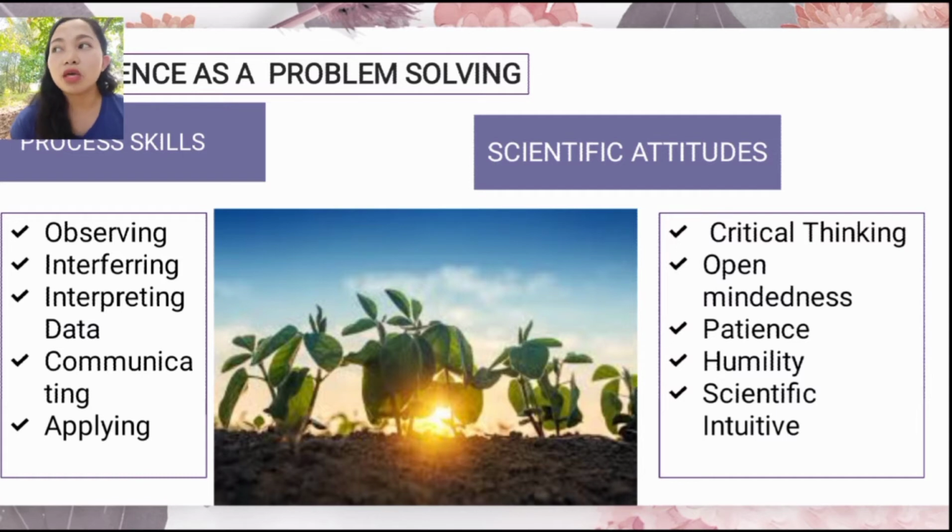So what do you mean by scientific intuition? Of course you have predicted, you have this gut feeling that maybe this plant will still survive, but maybe it will have a little difference. So at least you have proven that plants can still be alive without sunlight, but plants still need it because that will make the plants more appealing, because plants are just like humans, they have needs, so we have to provide that to the plants.